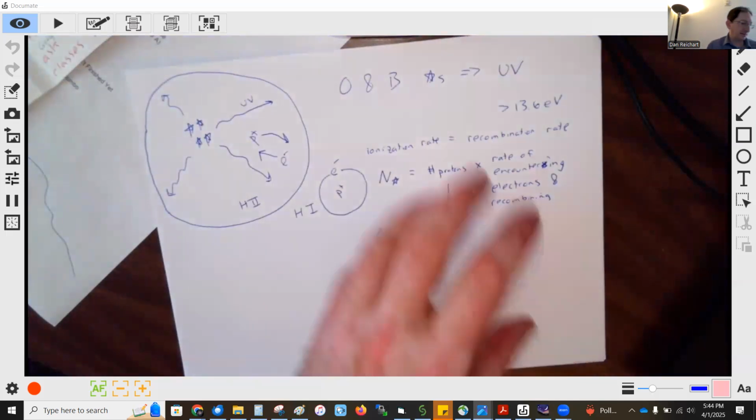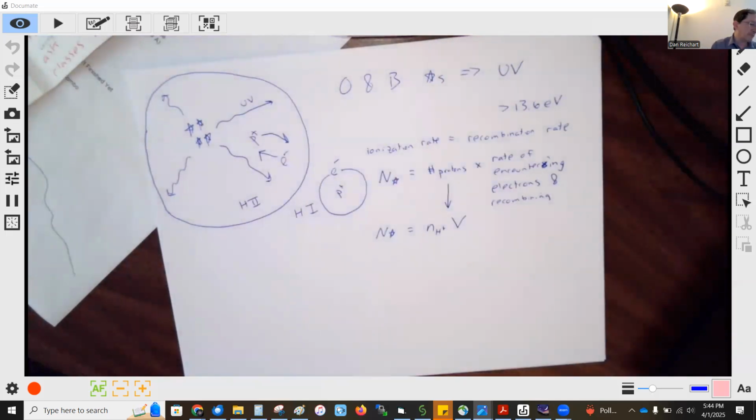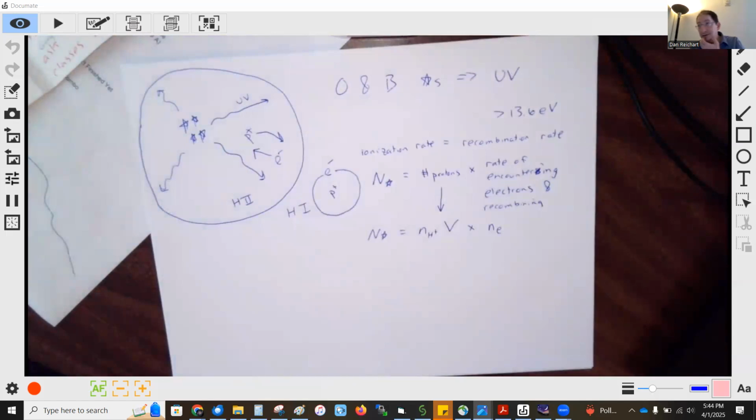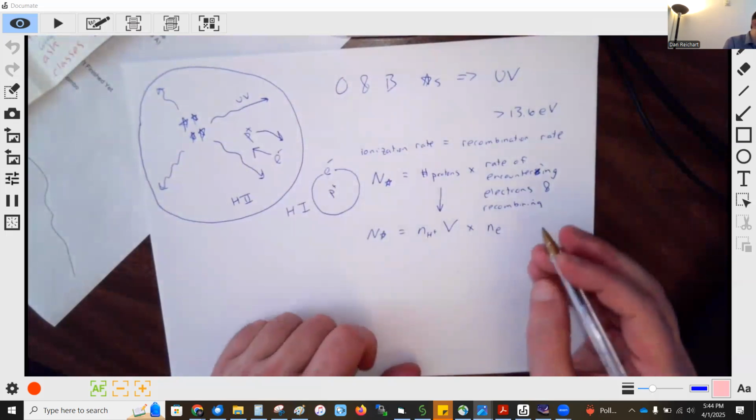Now, the rate of encountering electrons and recombining with them is going to depend on the density of electrons. If the electrons are more dense, you're more likely to encounter them. And when you do encounter them, there's going to be some probability of recombination.